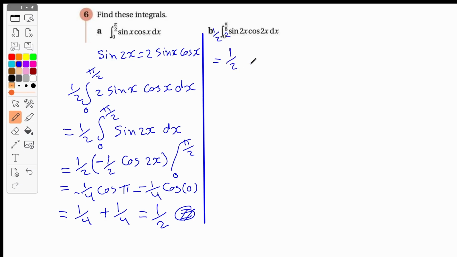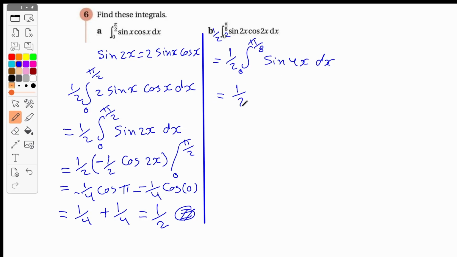So it will be half the integral from 0 to pi over 8 of 2 sine 2x cosine 2x. This is what? Sine 4x dx. Here it was sine double angle, sine 2x. So if I double 2x here, it will be 4x. Now let's integrate.